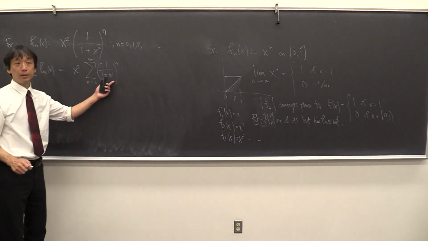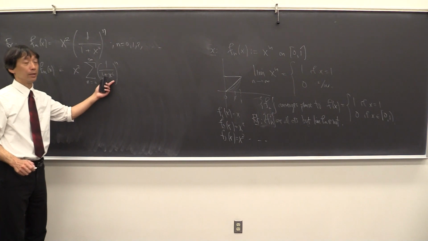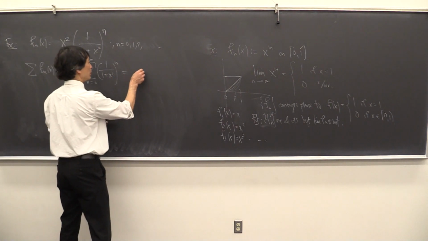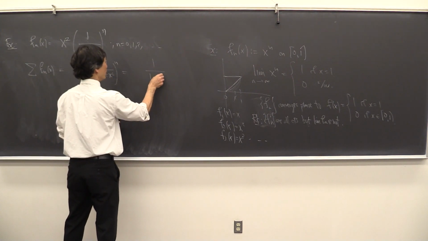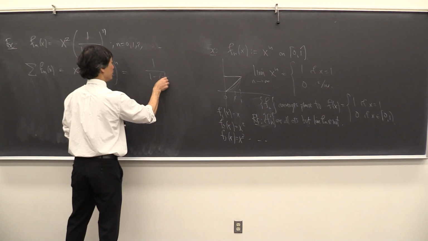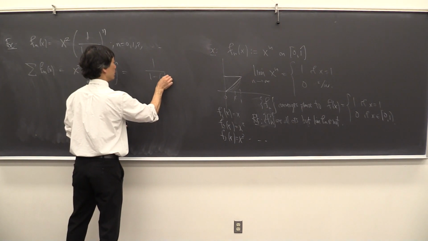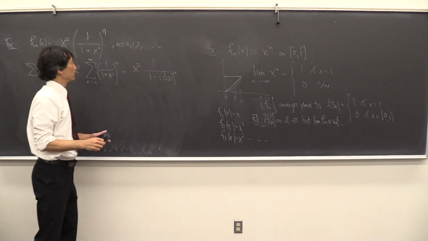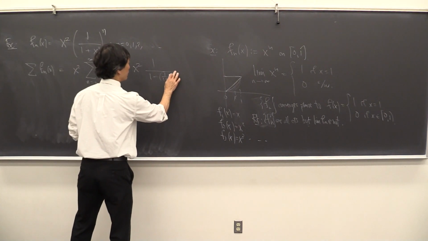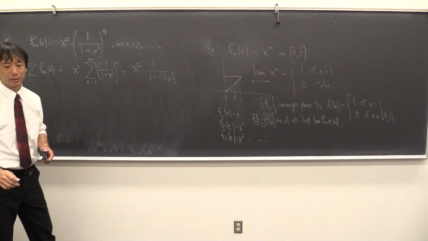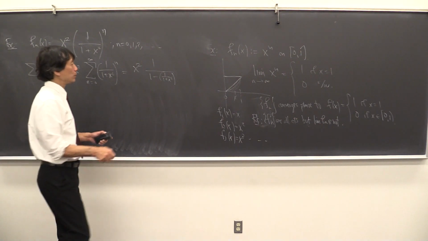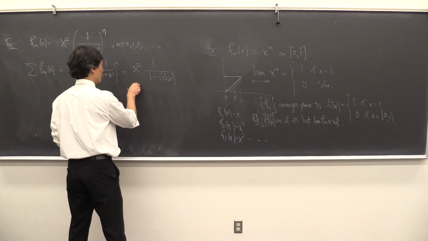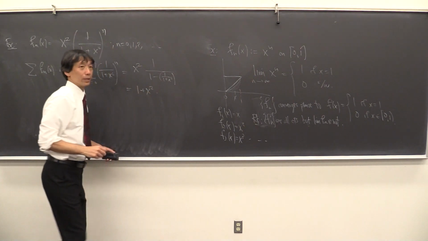But this is a geometric series, right? This is a geometric series, and so you get the sum, or 1 over 1 minus the ratio, which turns out to be, when you work it out, just 1 plus x squared.